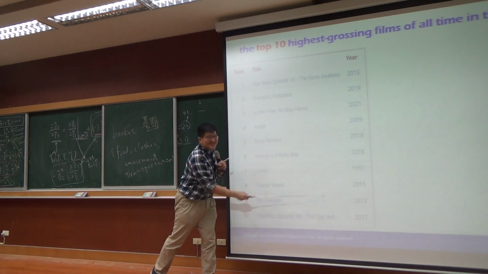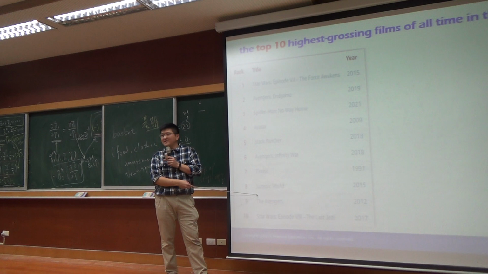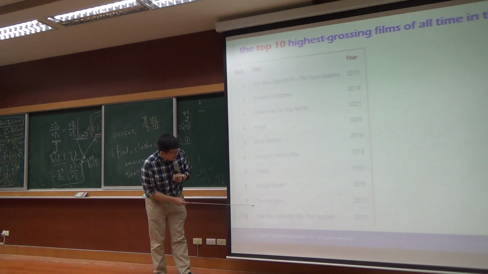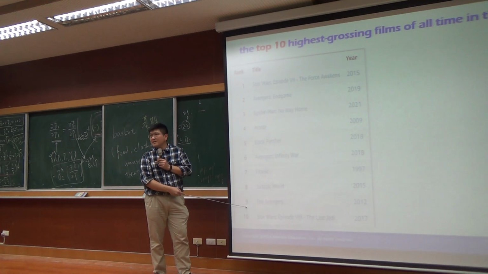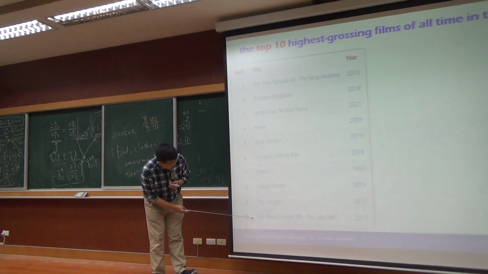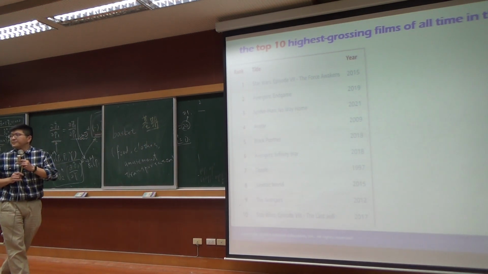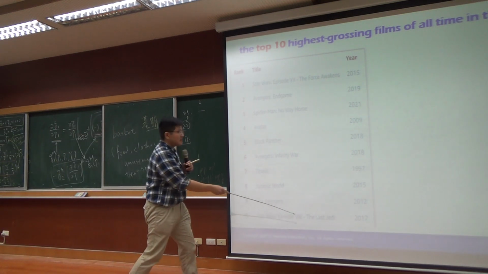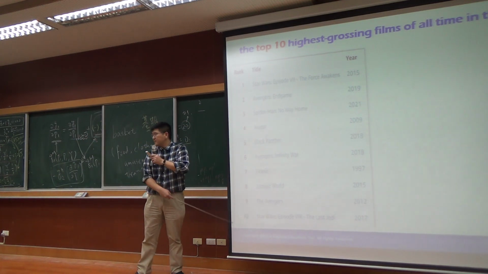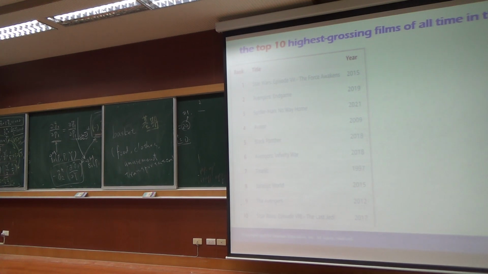Titanic, in 1997. Jurassic World, 侏罗纪世界, in 2015. And The Avengers, 复仇者联盟, 2012. And Star Wars Episode 8, The Last Jedi, 2017. So this is the ranking of the top 10 highest grossing without adjustment.